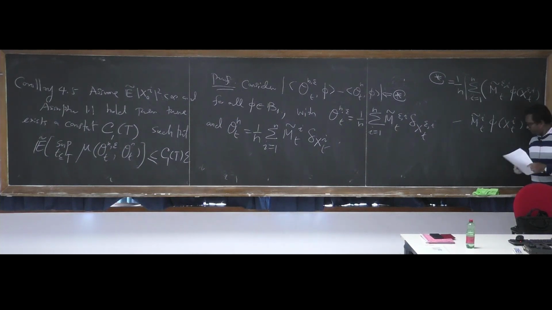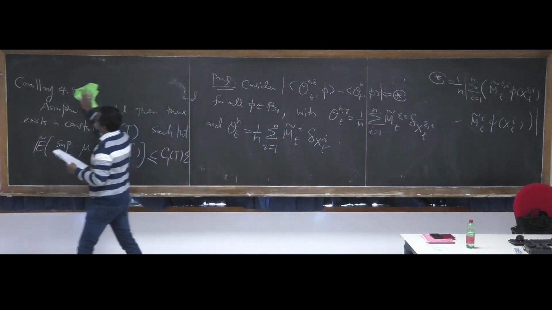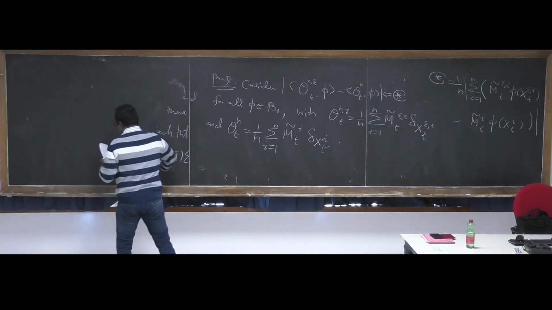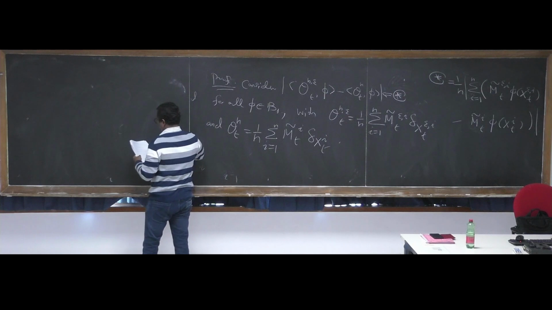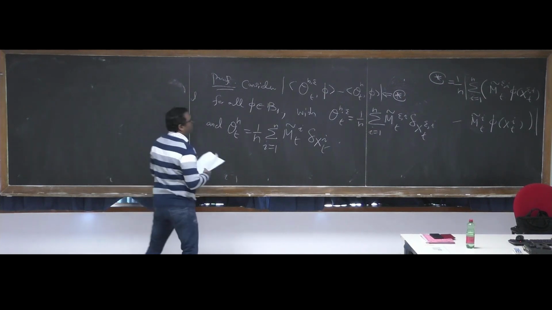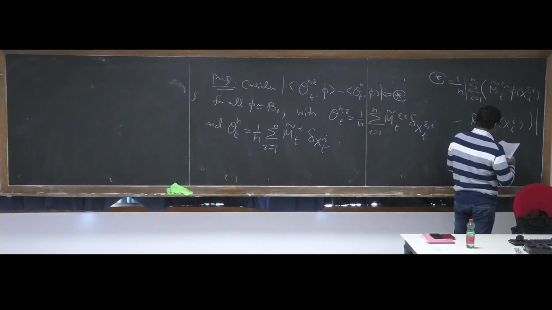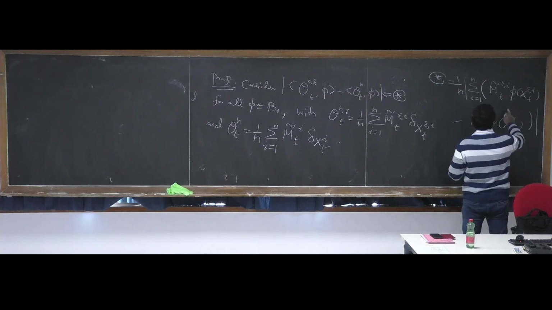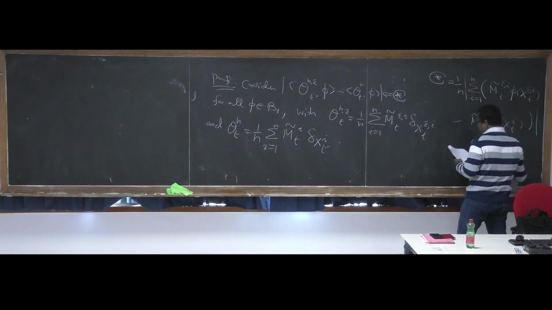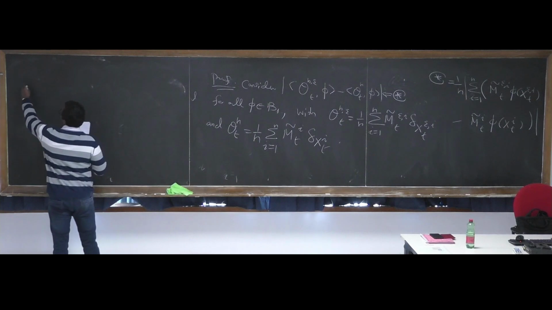You have this. Okay, so by adding and subtracting the term m tilde i t times function phi of x epsilon i t, you will end up with this bound.